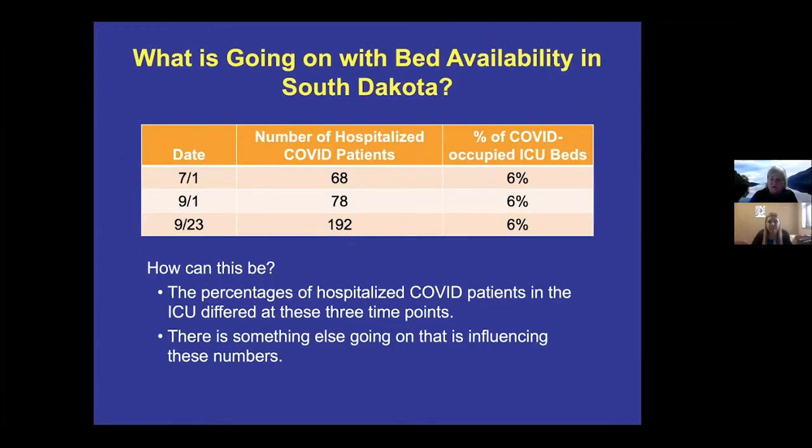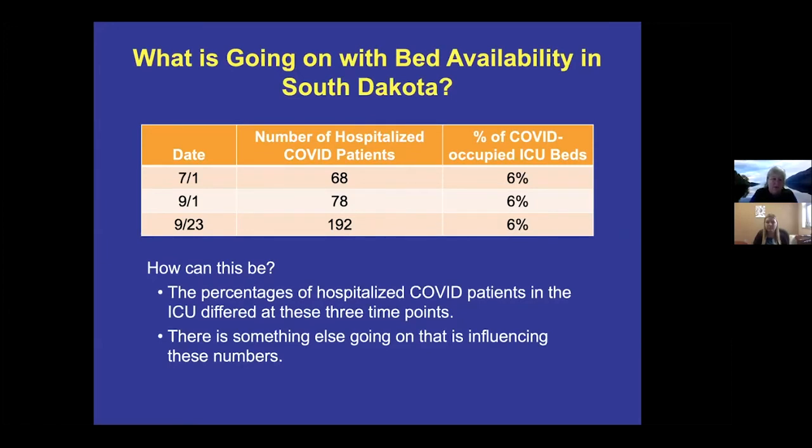And here's part of the reason why I wasn't sure about it. If you looked at the data from July 1st, there were 68 patients that were actually hospitalized with COVID, and that dashboard said 6% of the ICU beds were occupied. Then you look all the way to September 23rd as an example: 192 hospitalized patients, and 6% of the beds were occupied. So something in the denominator has to be changing.